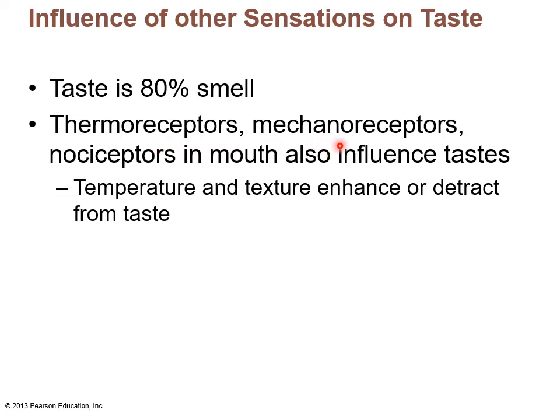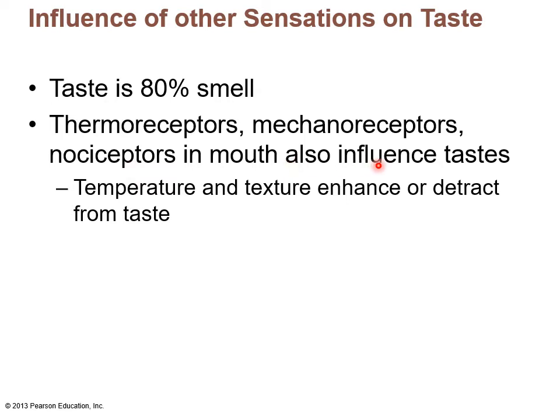There's also mechanoreceptors that respond to texture. So when you have grease that is melted and warm, it's more palatable than if you were to eat a hamburger where the grease is solidified and is slimy. So that has a lot to do with the appeal of certain food items. And nociceptors are pain receptors that also influence taste.